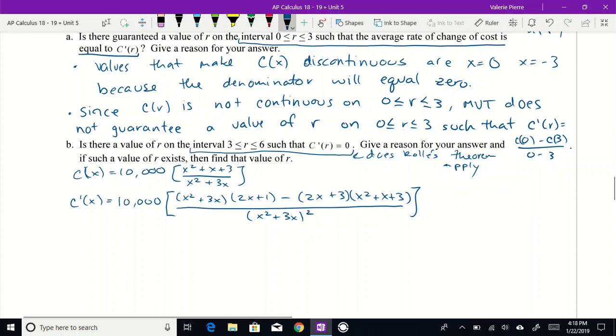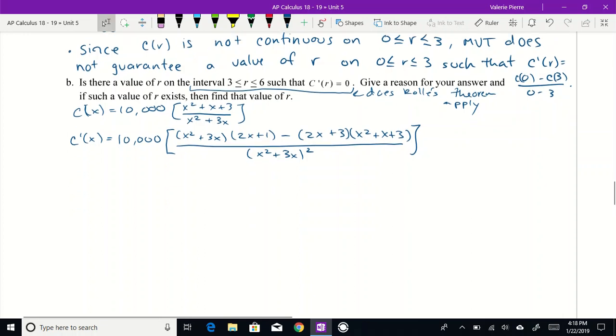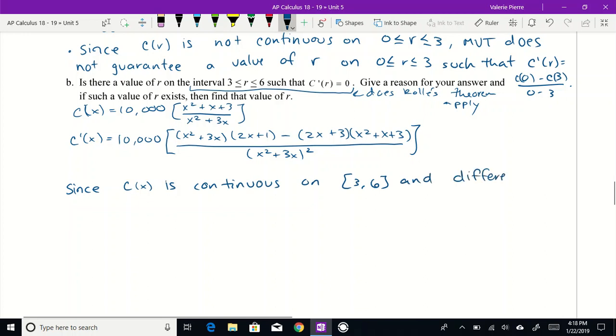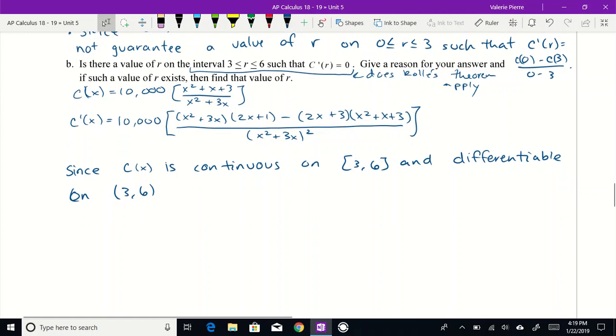So since C of x is continuous on the closed interval from 3 to 6 and differentiable on the open interval from 3 to 6, we can now look into this final step.